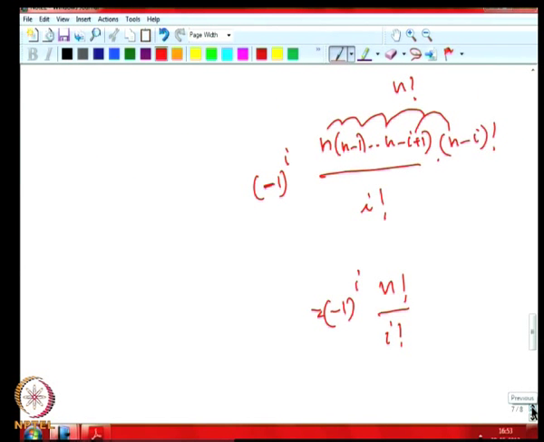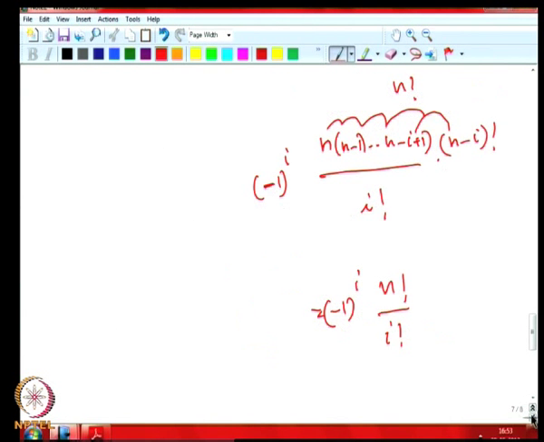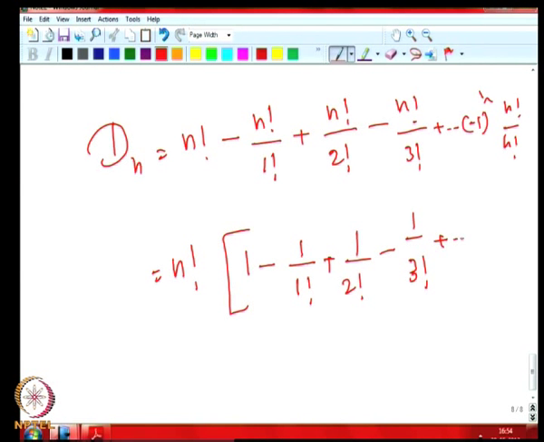You see here the last term was just 1, that will become n factorial by n factorial, right. So, now n factorial can be taken out. So, this will be n factorial into 1 minus 1 by 1 factorial plus 1 by 2 factorial minus 1 by 3 factorial and so on, minus 1 raised to n, 1 by n factorial. This is what we will get, right.